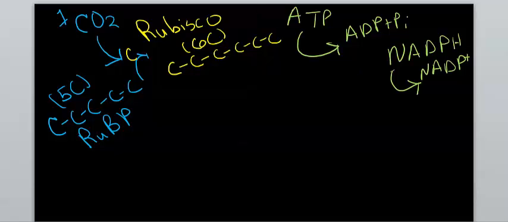What happens is that now we're converting this into 2 3-carbon molecules.